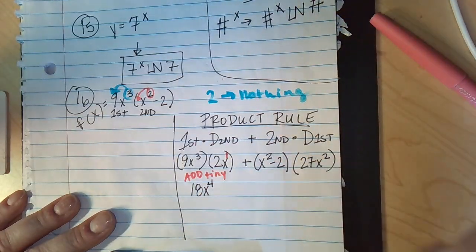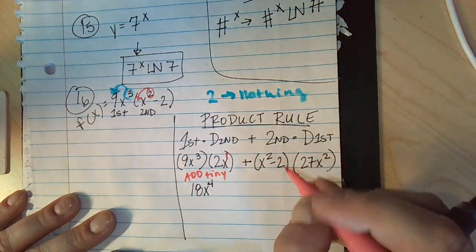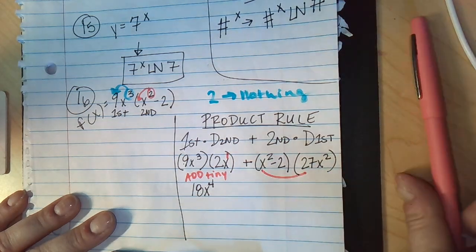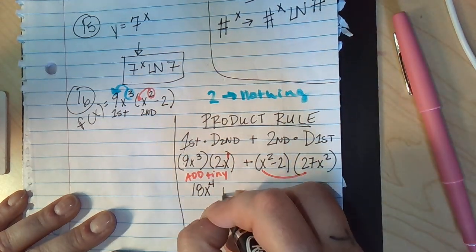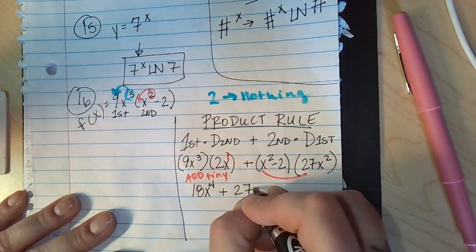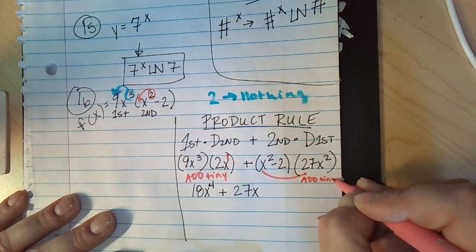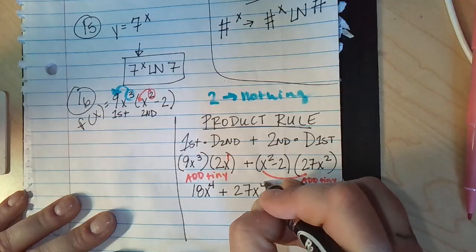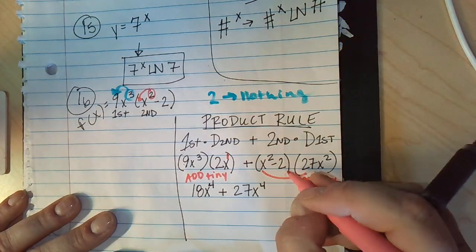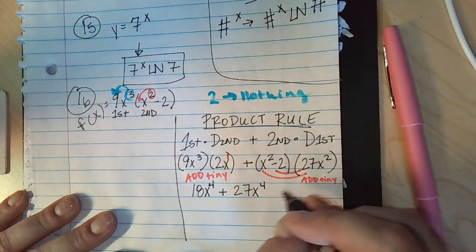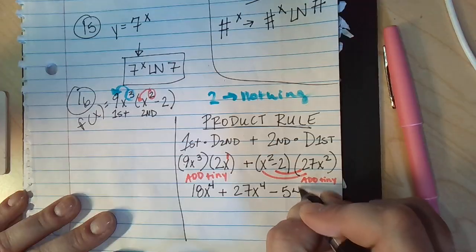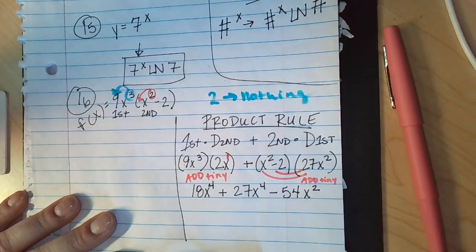X to the 3 times x to the 1, you add the exponents, and you get 4. Then for this next piece, we have to distribute. It's kind of awkward distributing. We're going to have plus 27x to the, add the exponents, which makes 4. Then negative 2 times 27x squared is negative 54x squared.